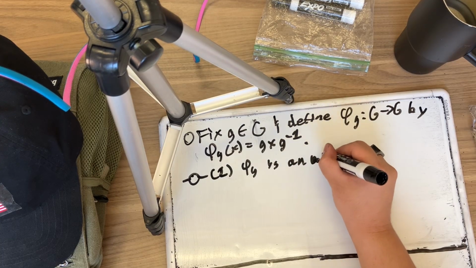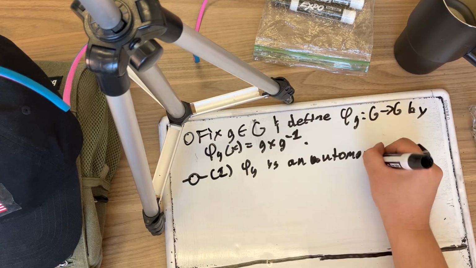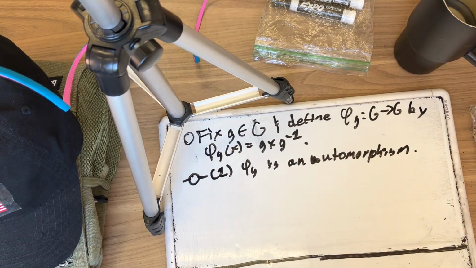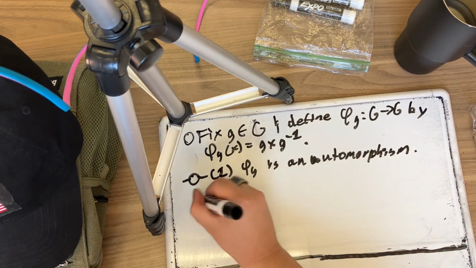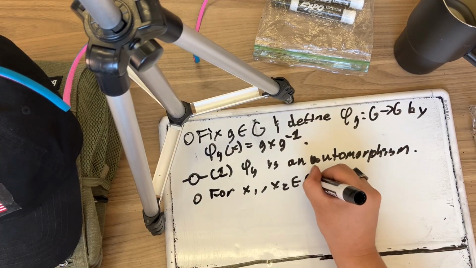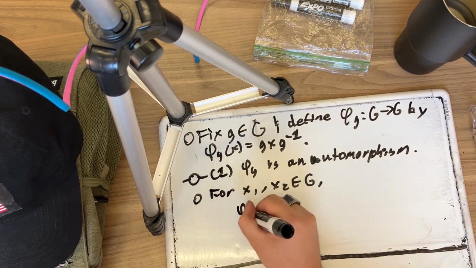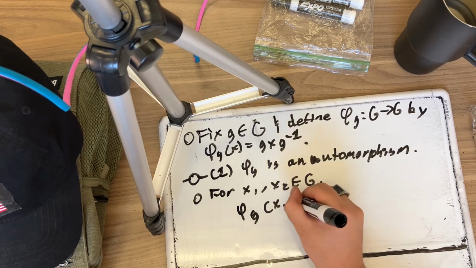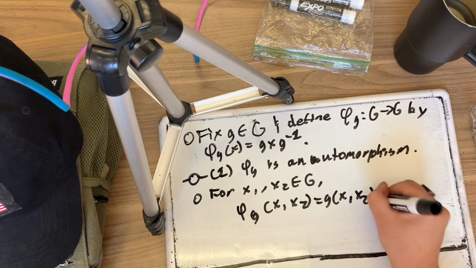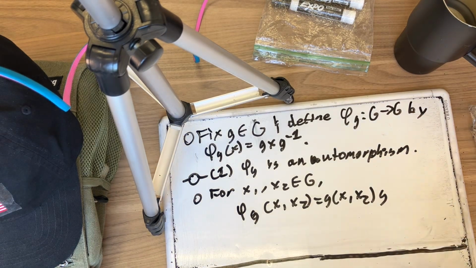Right? Automorphism, more than meets the eye. So for x sub 1, x sub 2 contained within G, phi sub g of x sub 1 x sub 2 is equal to g of x sub 1 x sub 2, sorry, not of. In this case it's parenthetical in the sense that it literally uses parentheses.